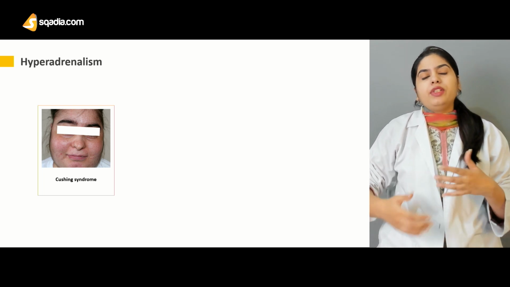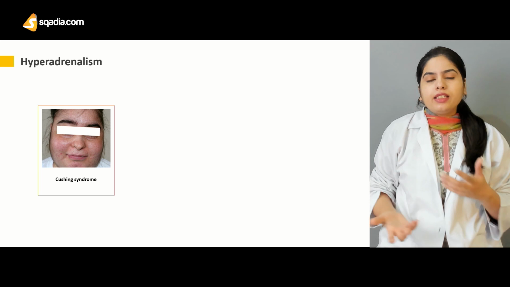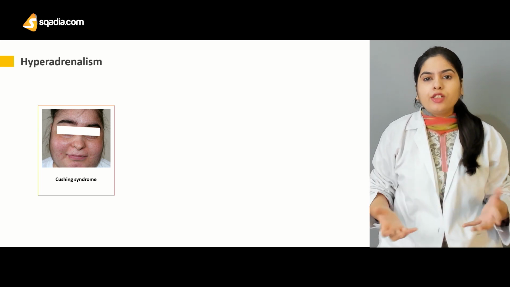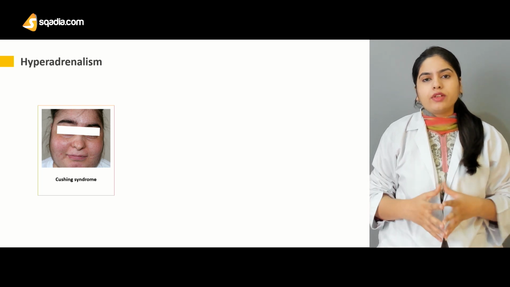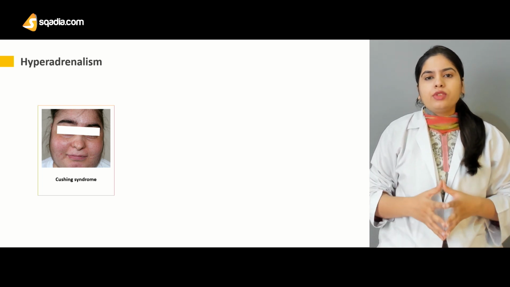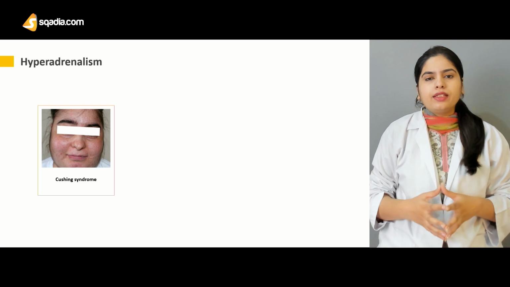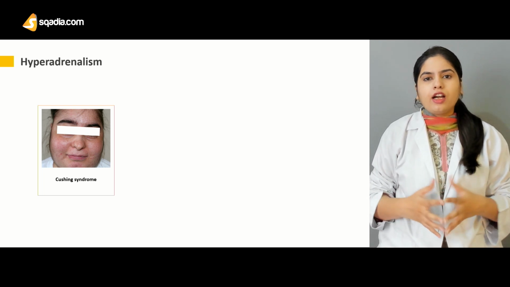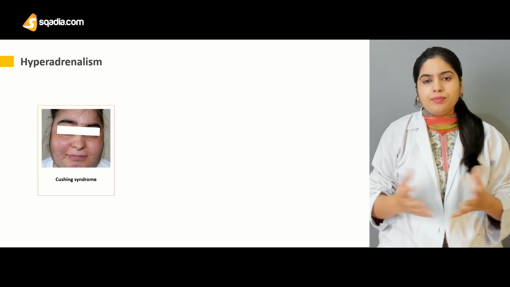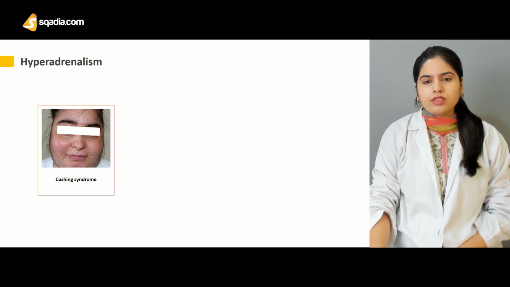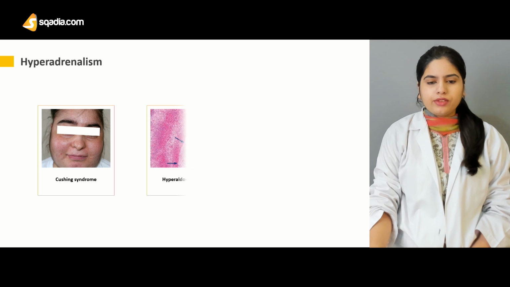The reason can be any disease or any genetic or exogenous factor causing an increase in the level of the cortisol hormone that leads to the symptoms of Cushing syndrome, like a puffy face and enlarged skull. Moon face can be a prominent symptom, and the rest of the symptoms we will discuss in detail later.